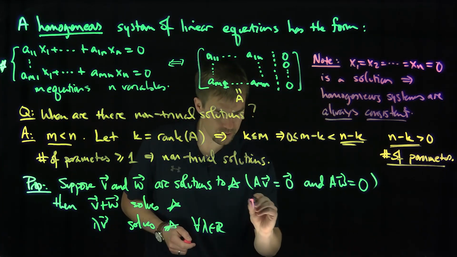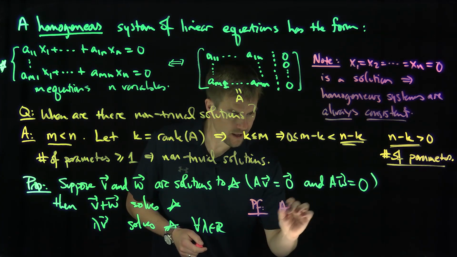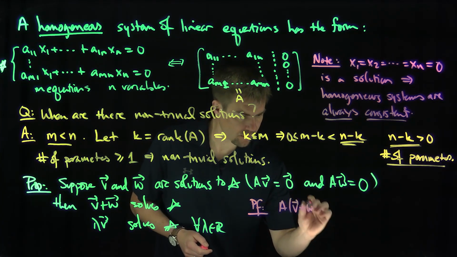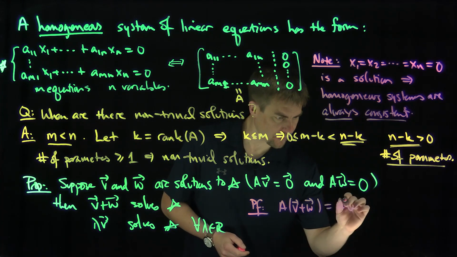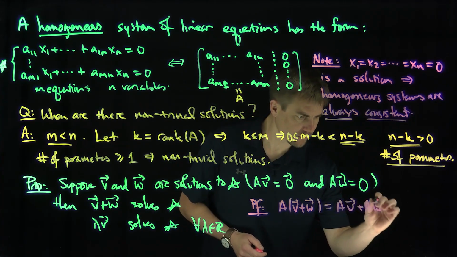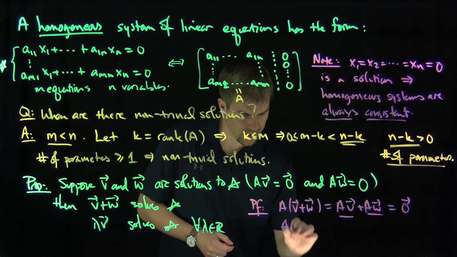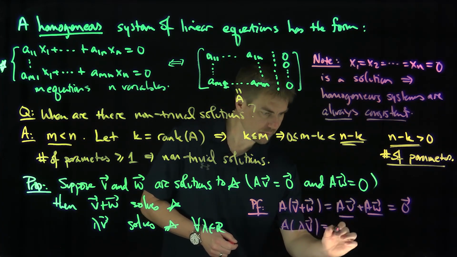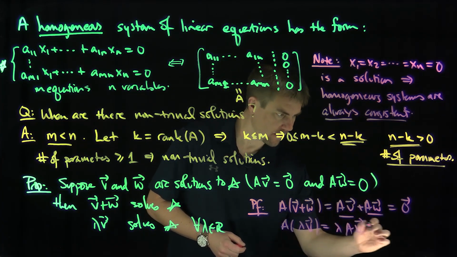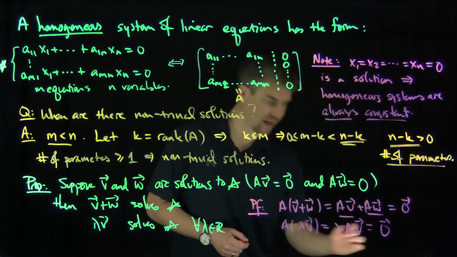The proof is just: A of V plus W is A of V plus A of W, and that's the 0 vector, because this is the 0 vector and that's the 0 vector. And likewise, A of lambda times V is lambda A of V, and that's also equal to the 0 vector because it's lambda times 0.